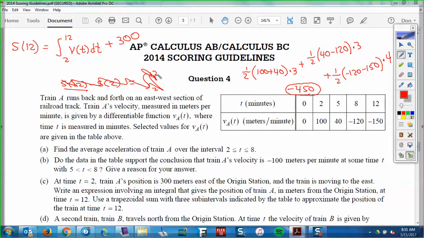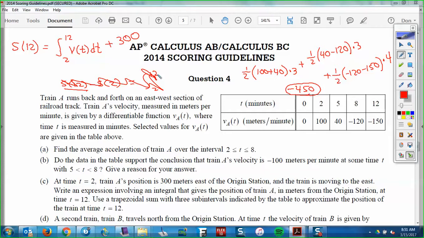You have to take that amount that you put in and do what? Add on how much you started with, right? The amount you put into the tank has to add on to what was already there. Well, that's the same thing. This is the net amount of distance we traveled. We have to add that on to what we already had traveled. You have to add on the 300.